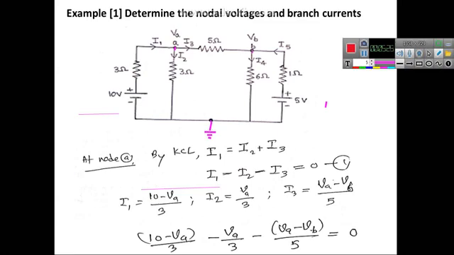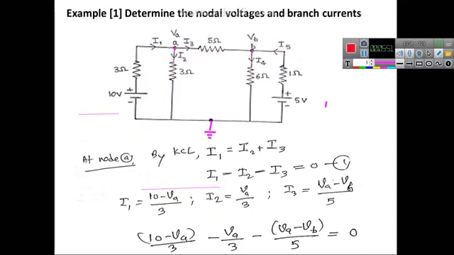Therefore, I1 is equal to (10 minus VA) divided by 3. Similarly, I2 is equal to VA minus 0, because it's a reference, so VA by 3, and I3 is equal to (VA minus VB) divided by 5.